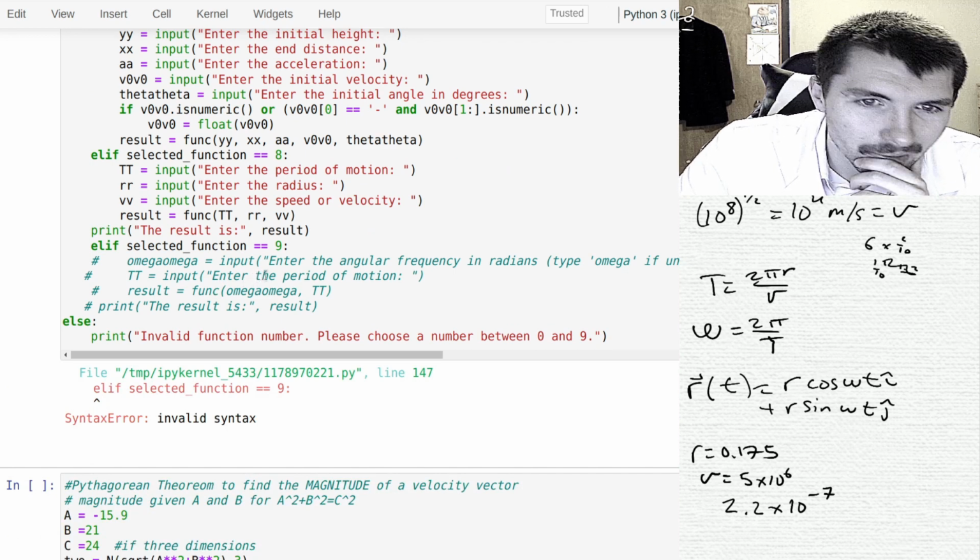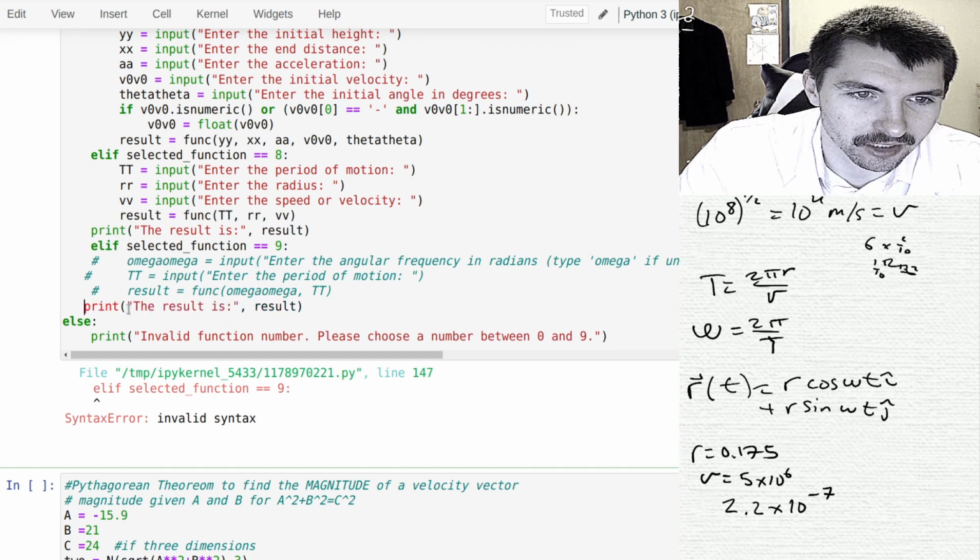I don't know why this is breaking. Am I reaching a limit?